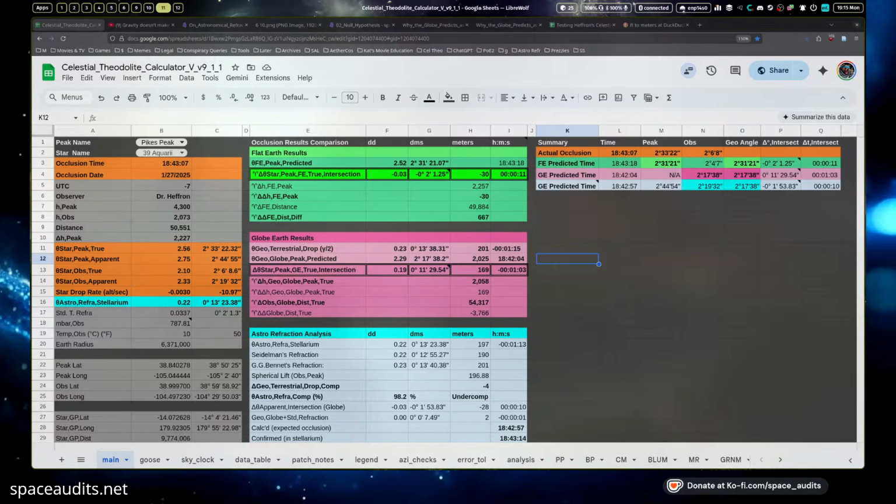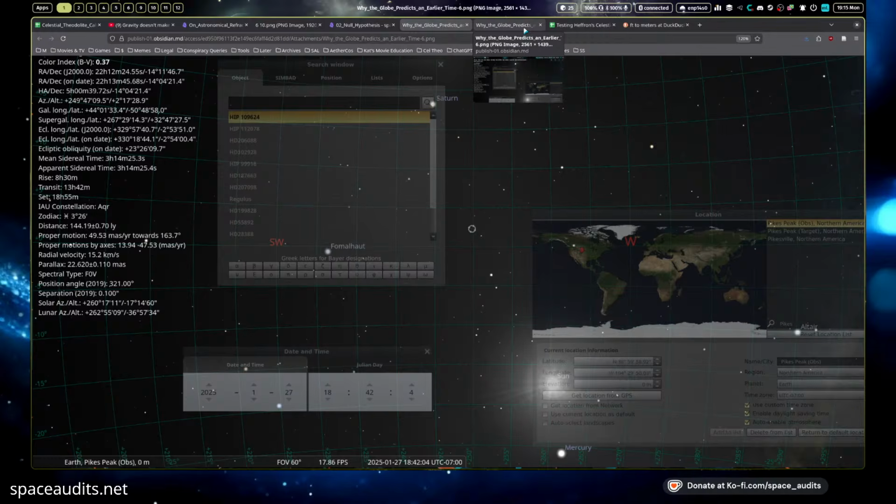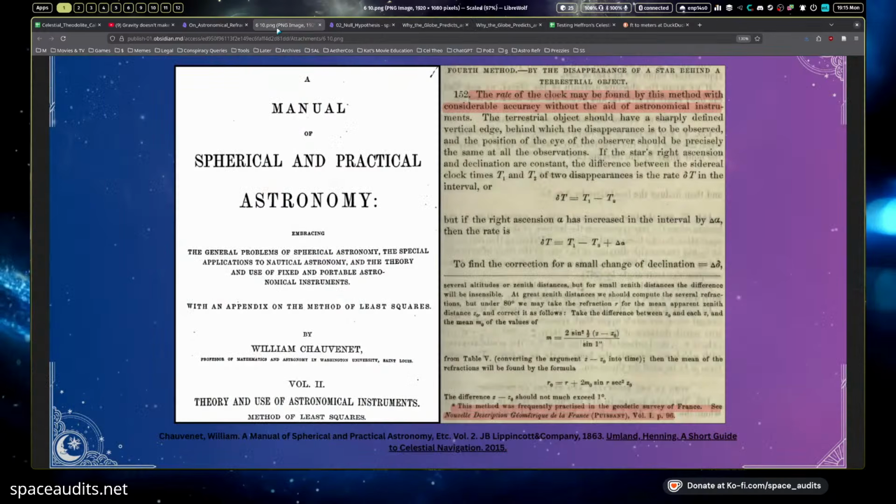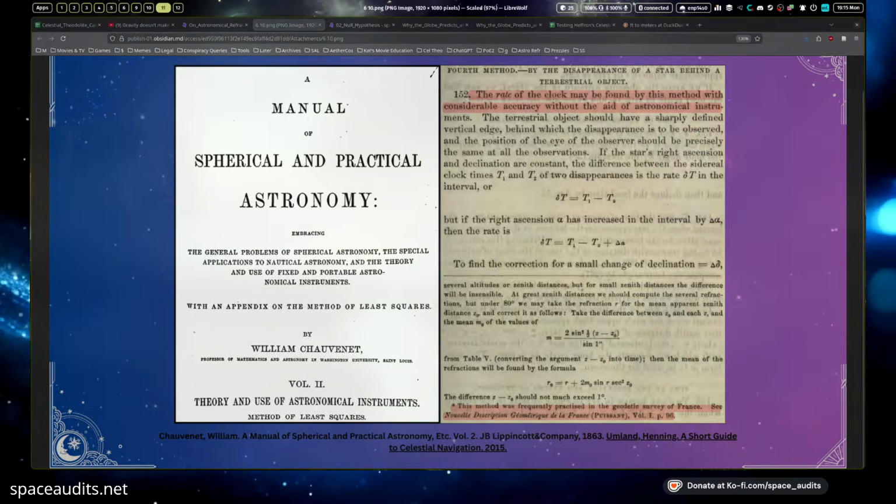Something real quick, Alan. Yeah, go ahead. Okay, just for the French, can you go back to the French paper, Chauvenet? Just want to make sure I understand this correctly. So they're looking at a star. It gets occluded by a tower, mountain, doesn't matter.